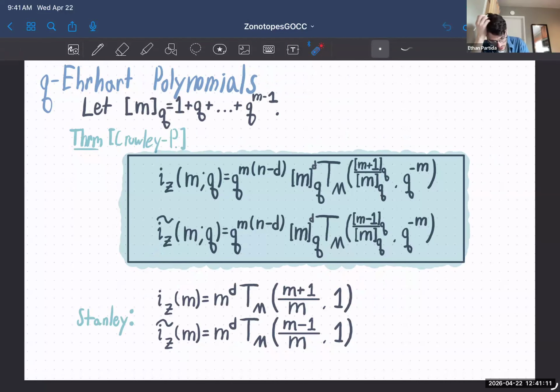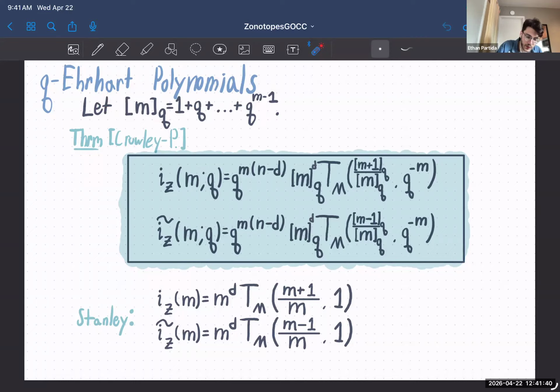Okay, so the first theorem: essentially because zonotopal algebras are so well studied, Colin and I were able to piece together what happens as you're dilating the polytope and get a formula for the graded lattice point count of the mth dilate of a unimodular zonotope. To tell you this formula, I need the q integers. So we let m sub q be this polynomial of powers of q.